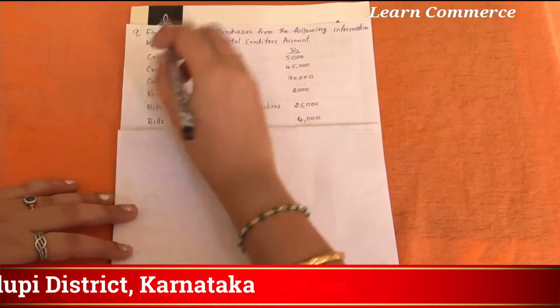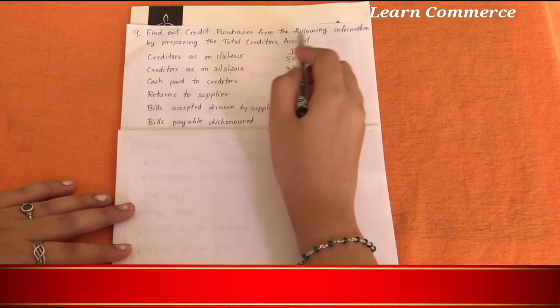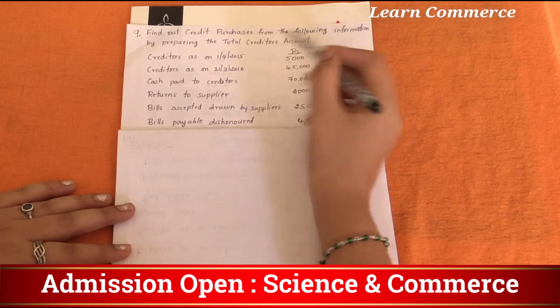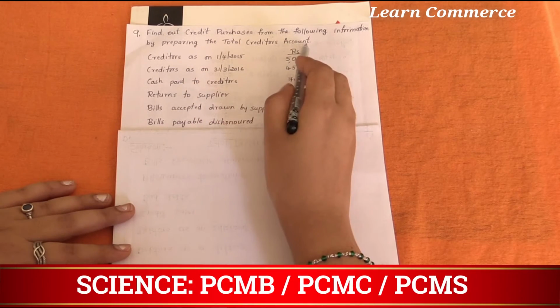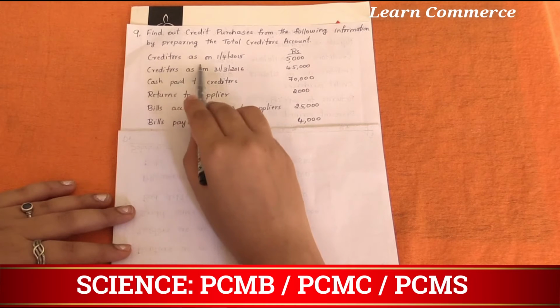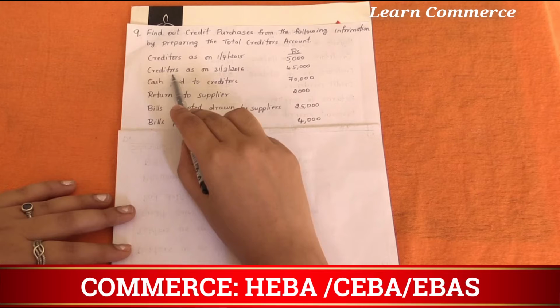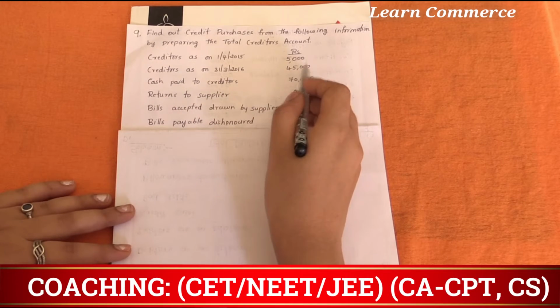Okay, next problem, 9th one. Find out credit purchases from the following information by preparing the total creditors account. In the question itself they ask to find out the total creditors account. Then creditors as on 1st April 2015, 5,000. Creditors as on 31st March 2016, 45,000.